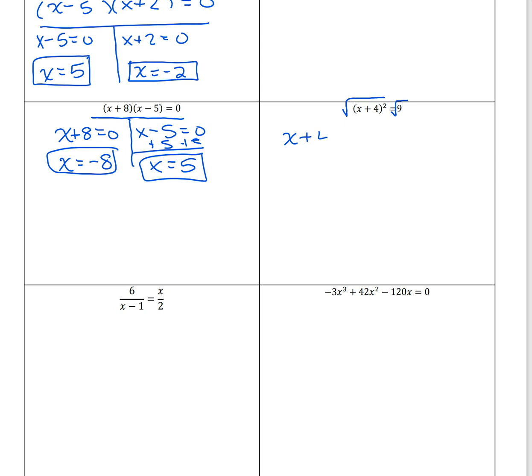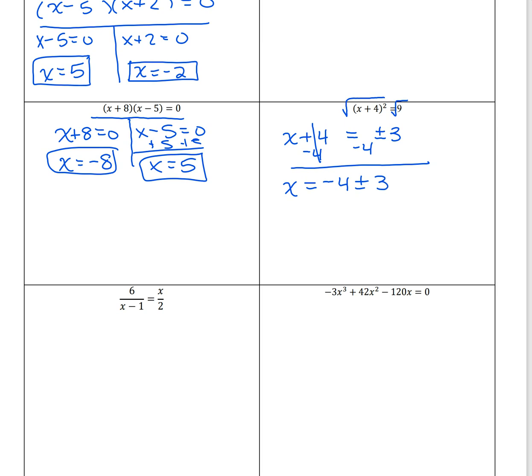Now on the left-hand side, I'll be left with x plus 4 equals, and the square root of 9 is plus or minus 3. I need to put the plus or minus in front of the 3 because I could have two possible solutions. Now from here, to get rid of this plus 4, I'm going to subtract 4 to the other side. And now I have my x values can be negative 4 plus or minus 3.